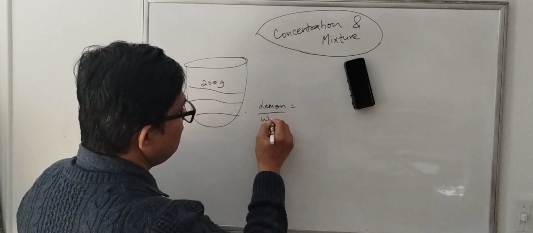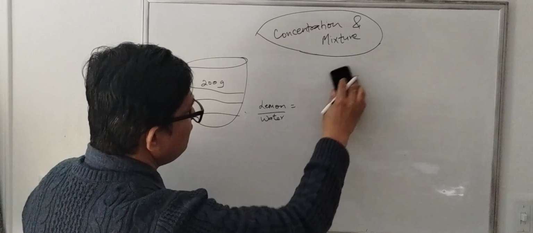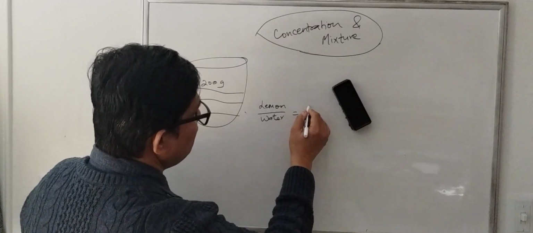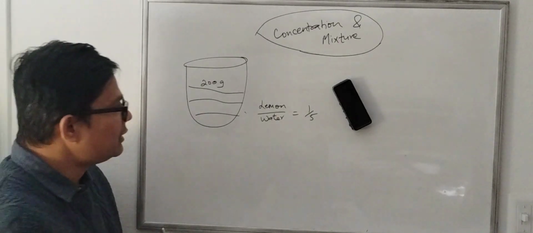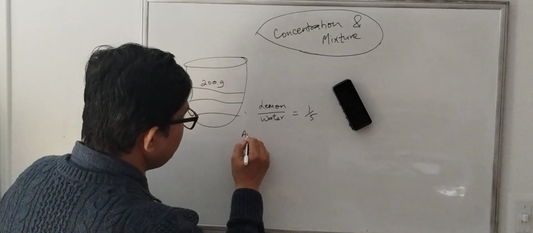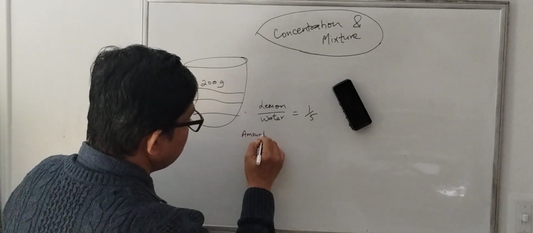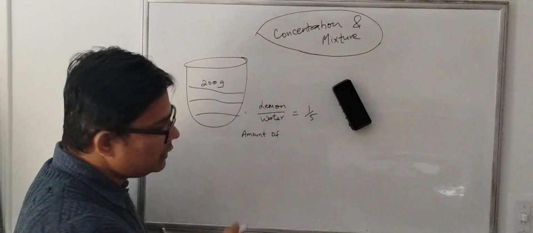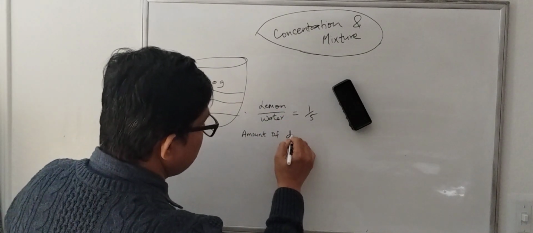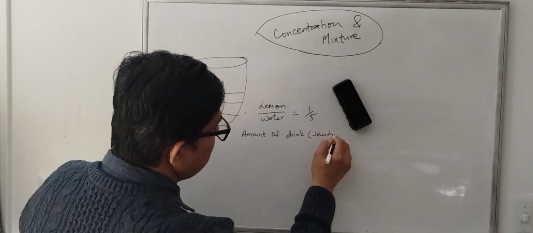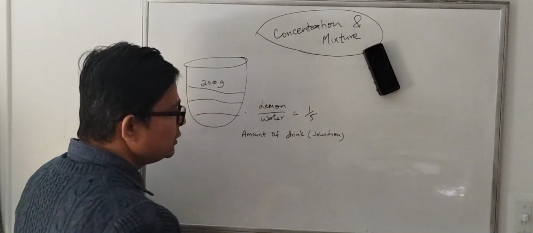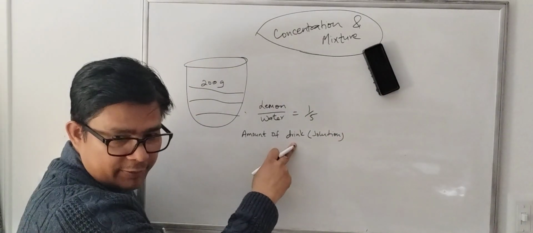The ratio of lemon and water should be 1/5. And the amount of the drink you will make, I will call it drink. Also in brackets I will write solution because you learned this term. I don't want to confuse you. So drink is what? Lemon water.